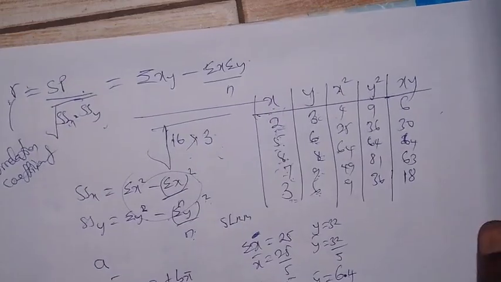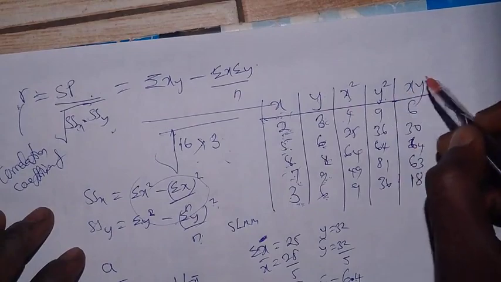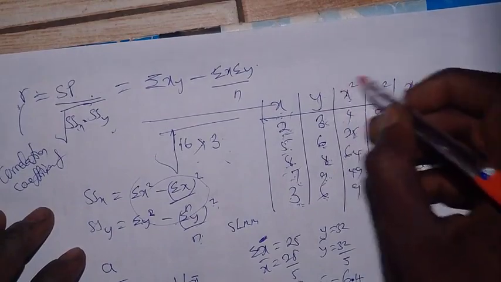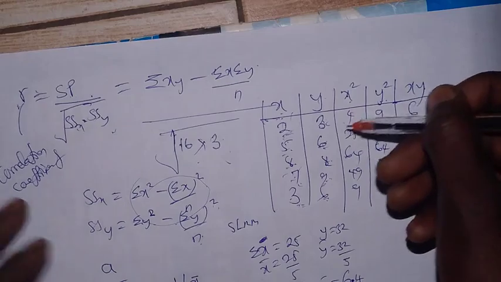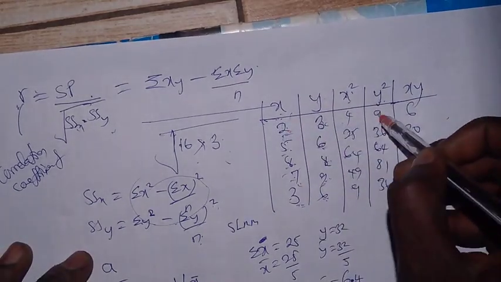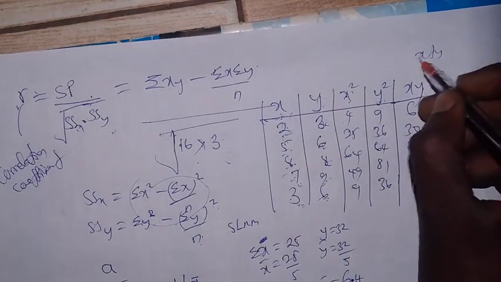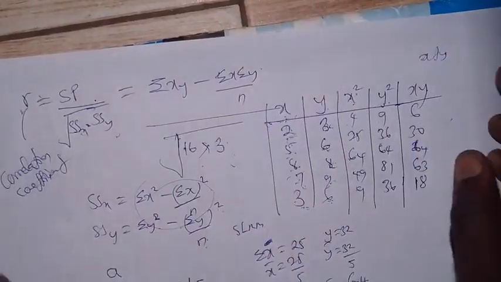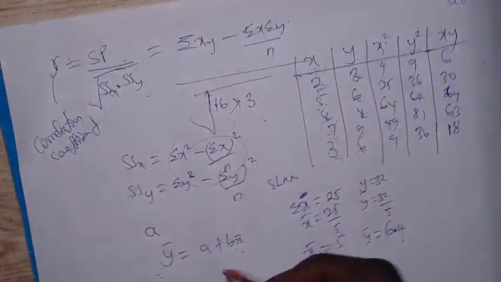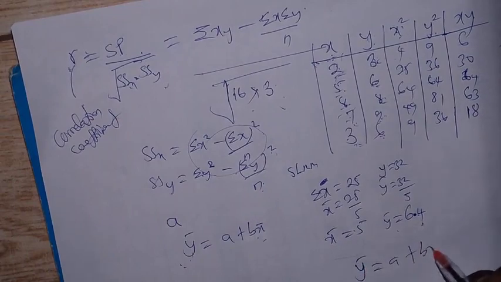Remember, you will only be given x and y. You either compute x squared, y squared and xy yourself, and they are simple as this. X squared, just square x; y squared, square your y; xy, multiply them. Not x plus y, please. xy means multiplication. Then y bar is equal to a plus b x bar.